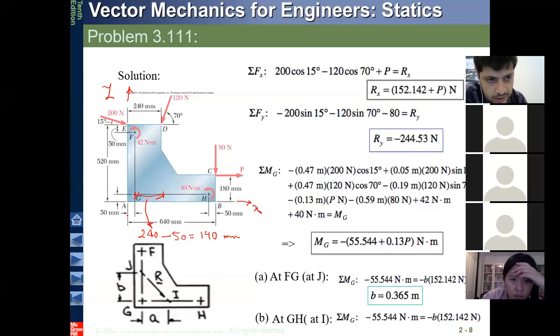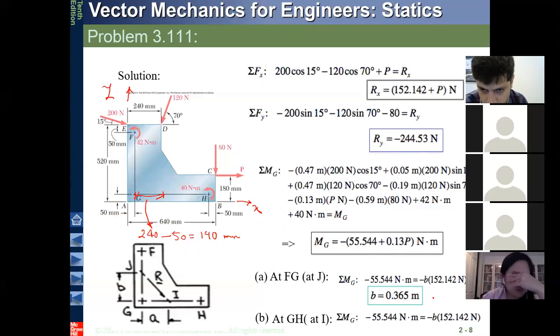So you should subtract 50 millimeter and you'll get 0.59. And you have also two couples, 42 and 40, and they are counterclockwise, so actually the sign would be positive, and you're going to get the resultant of a moment around point G.